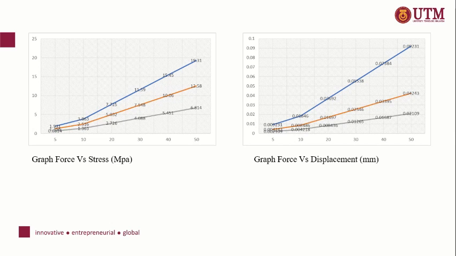From the tabulated data, I have come out with two different graphs, which are force versus stress in the unit of megapascal, and also force versus displacement in unit millimeter. The blue color line indicates 10 mm thickness, orange color line is 12 mm thickness, and gray color line is 14 mm thickness.